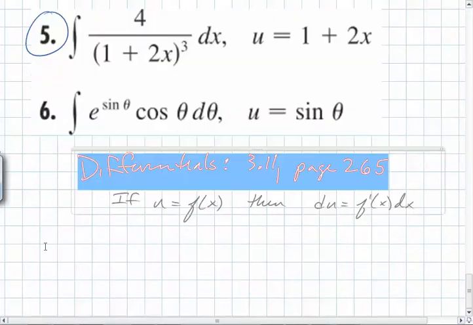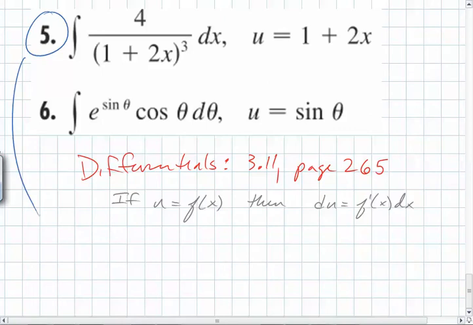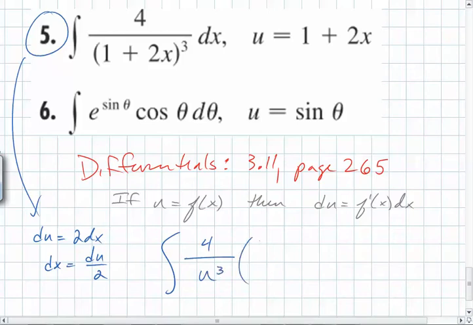What does du equal on number 5? du is equal to 2 dx, right? So what does dx equal? du over 2. So now what do we have? The integral of 4 over u to the times what? Over 2. So what does that simplify to? 2 times the integral of u to the what power? du.